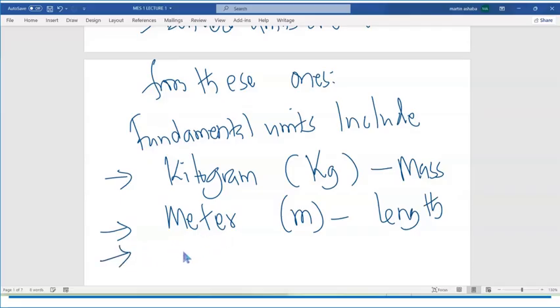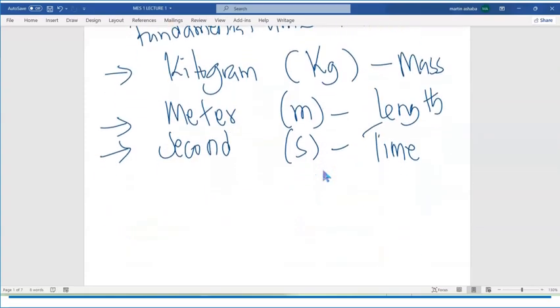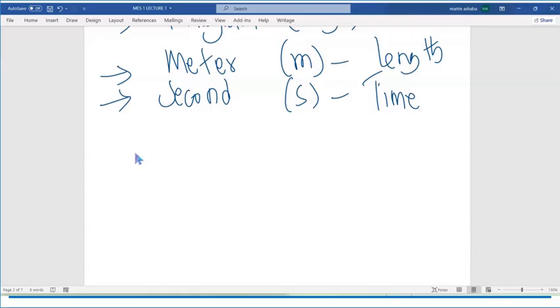What else? Another one is called the second, abbreviated by s, and this is for the fundamental quantity called the time. So here we have talked about the fundamental units and we have talked about the fundamental quantities.